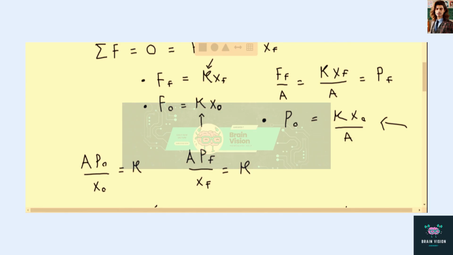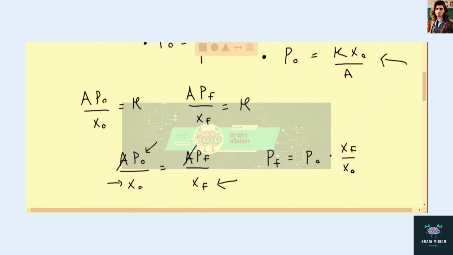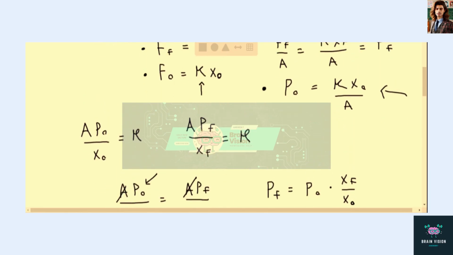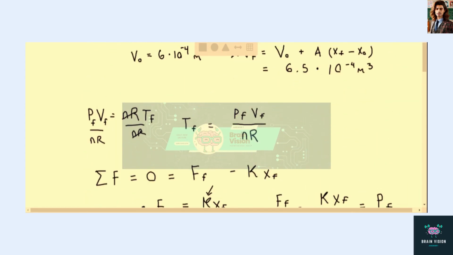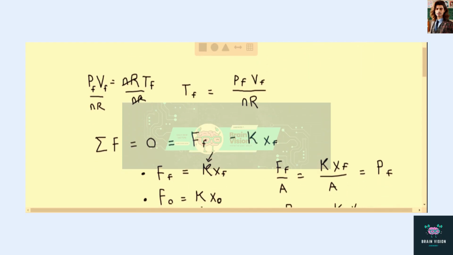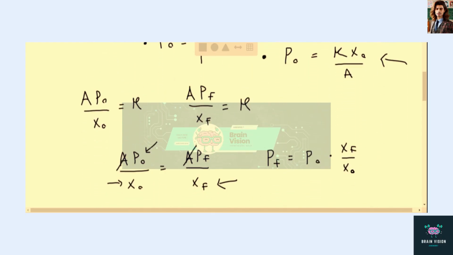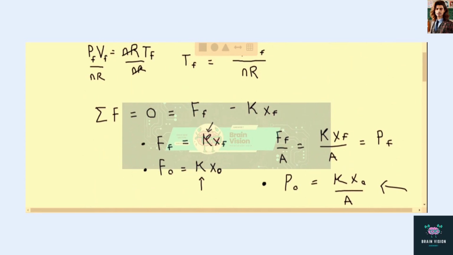So now I can go ahead and solve for P final, or I can just put this into my equation for the ideal gas law. Either way. So let's just go ahead and put it into our equation.